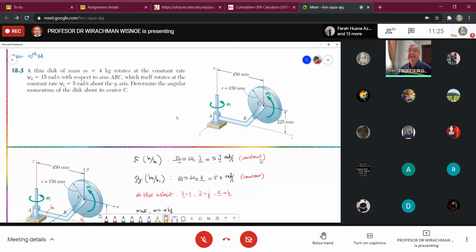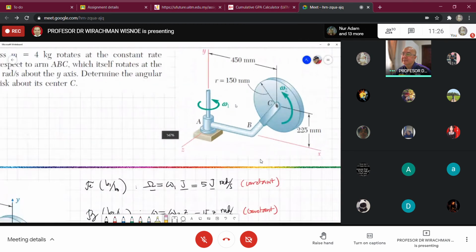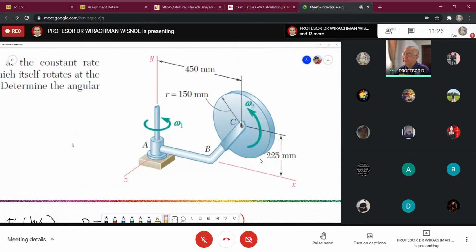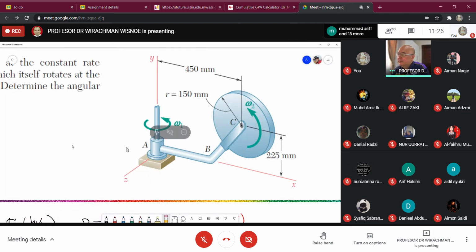So in 3D we need to talk about i, j, k. So omega 1, what is the direction of omega 1? Come on, this is a very basic question.